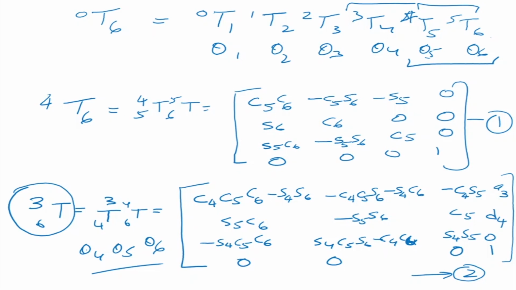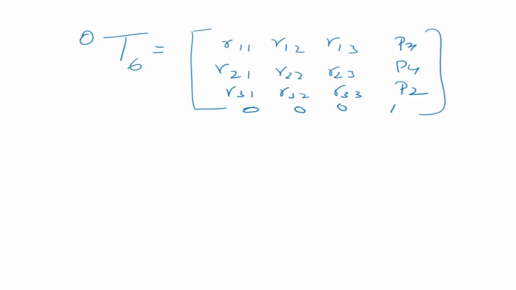This is my 3 to 6 matrix, which is on the right hand side, right? Now on this matrix we are equating terms 1, 3 and 3, 3. So 1, 3 would be this term, and the other term is 3, 3, which is this term. Okay, so on the right hand side these are the two terms, and the left hand side we are multiplying it out and getting it.